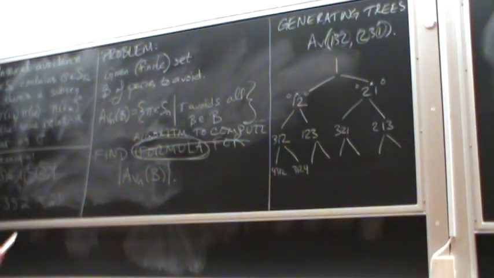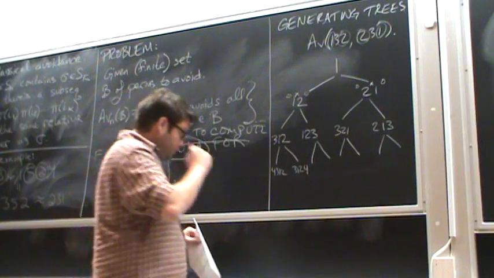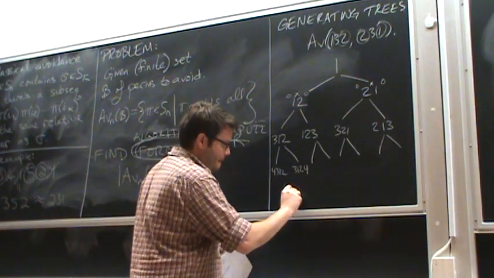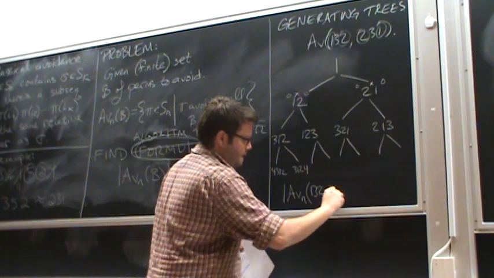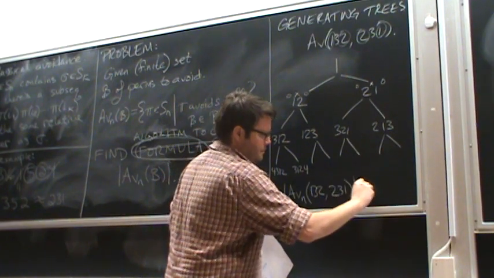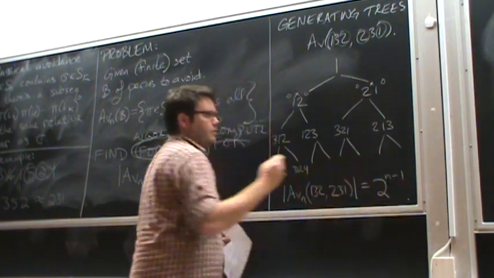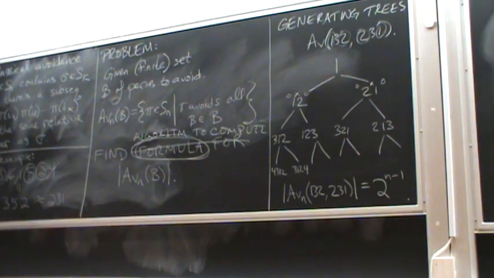So this tree worked out to be very simple. It's just the complete binary tree. We get our formula from this observation. For 1, 3, 2 and 2, 3, 1, it's 2 to the n minus 1, because we had a complete binary tree. Now, I didn't prove that, but it's pretty easy to prove that it's actually going to be a complete binary tree.